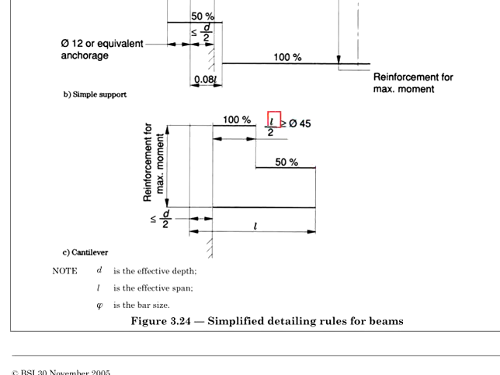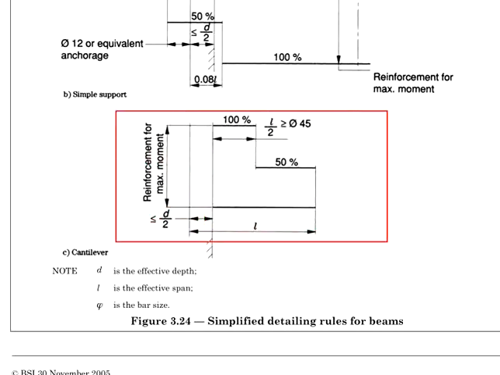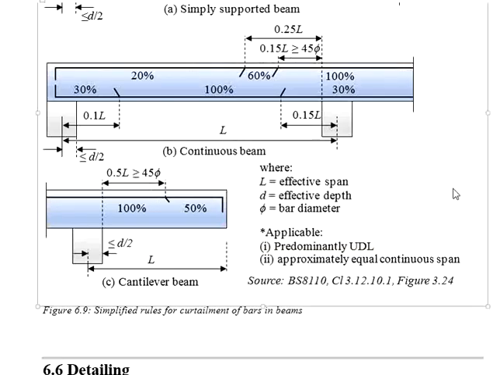Again, the effective length here is defined from the centroid of the support, but it should not be greater than half of the effective depth. Now, if you have difficulty to imagine this, you may look at this one. This will be your cantilever effective length, measuring from the centroid of the support, which shall not be greater than half of the effective depth.